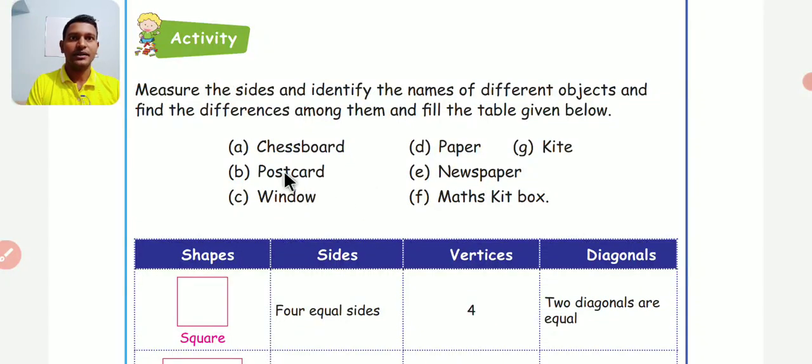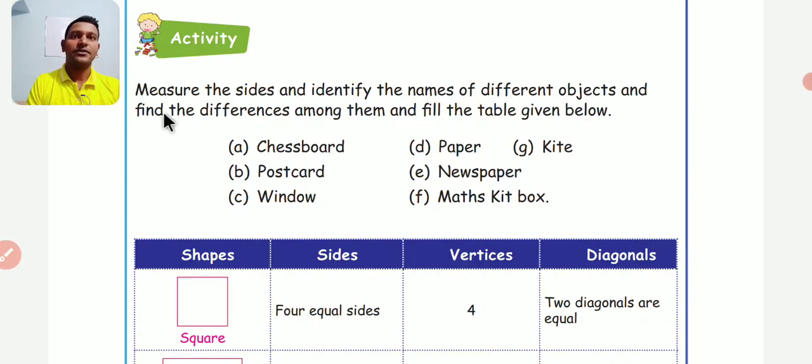For example, here we have a chessboard. If you have a chessboard in your home, take it, and by using the scale you have to measure its length and breadth. Similarly, all the objects you have to measure.